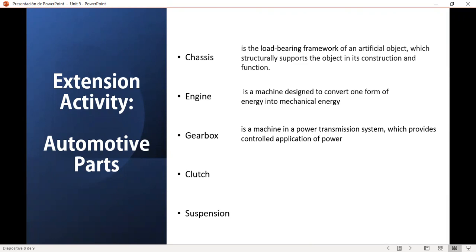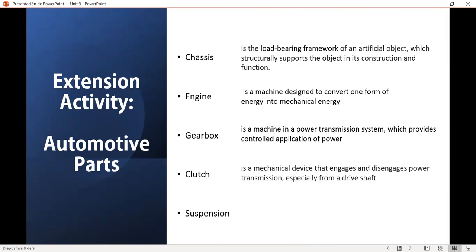The book defines it as a mechanical device that engages and disengages power transmission, especially from a drive shaft.